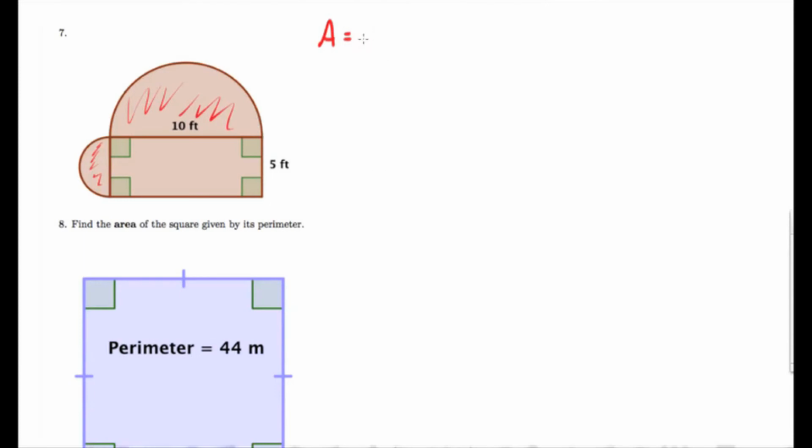So area is going to be the area of the rectangle plus area of the big semicircle and area of the small semicircle. Okay. So area of the rectangle here is going to be length times width.